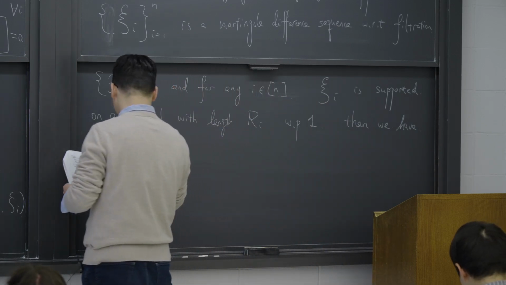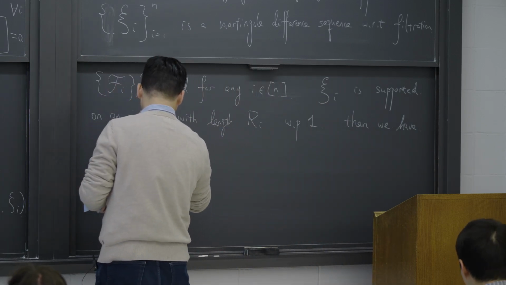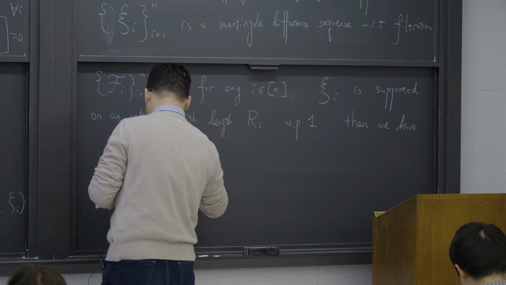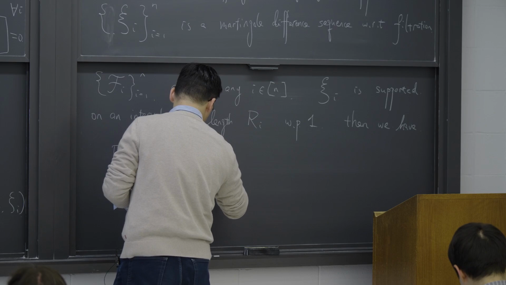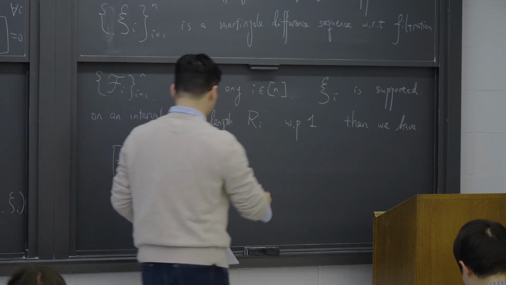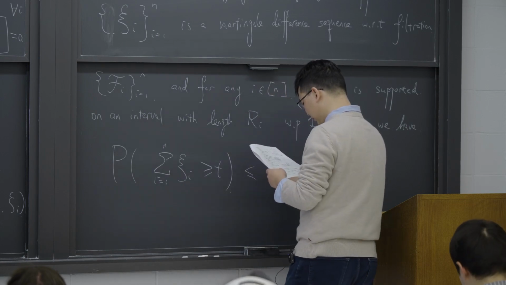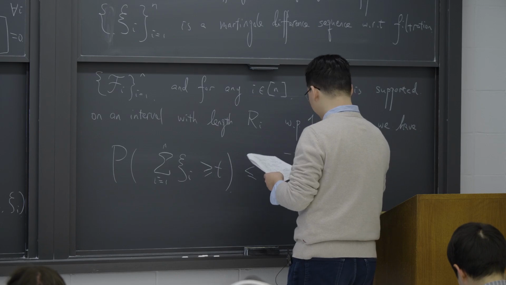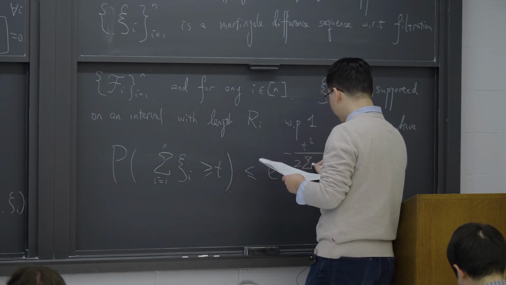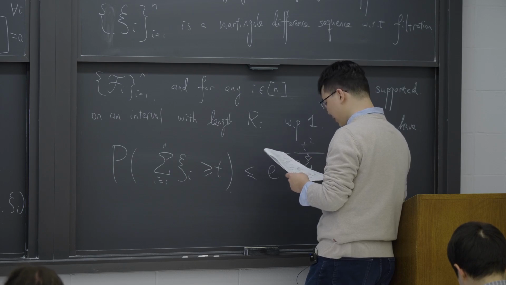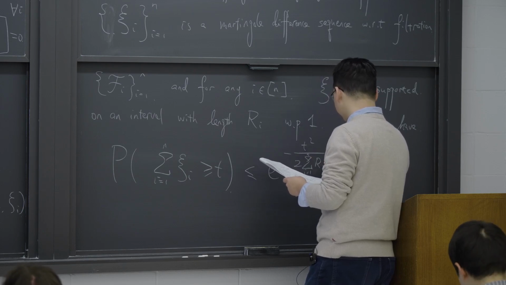The probability that the summation, i from 1 to n, of Ci is greater or equal to t is less or equal to e to the minus t squared over 2 times the summation, i from 1 to n, of Ri squared.